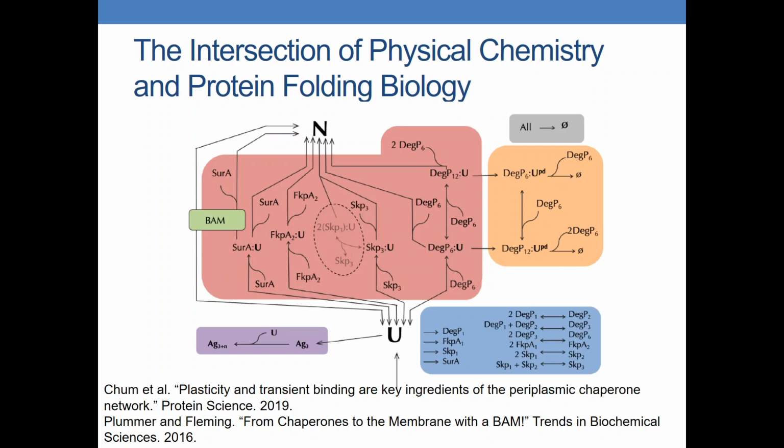Each of these proteins, these chaperones or DegP, have individually been characterized in vitro, with kinetic characterization to place rate constants and affinities on them to allow for a description of each individual path.